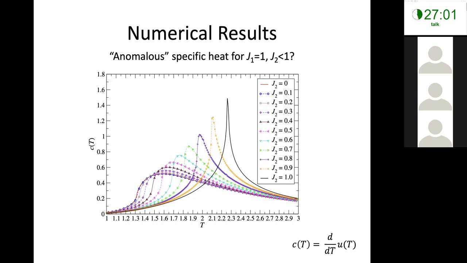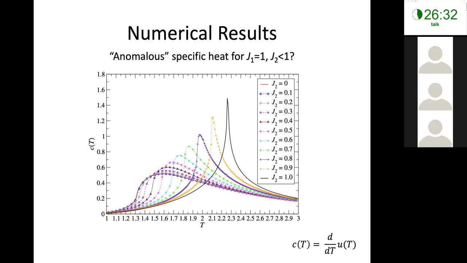When J2 is 0.99, or when we are above 1, so 1.01, we still see similar behavior, so only a weak singularity. And the critical temperature corresponds to the inflection point for the specific heat.